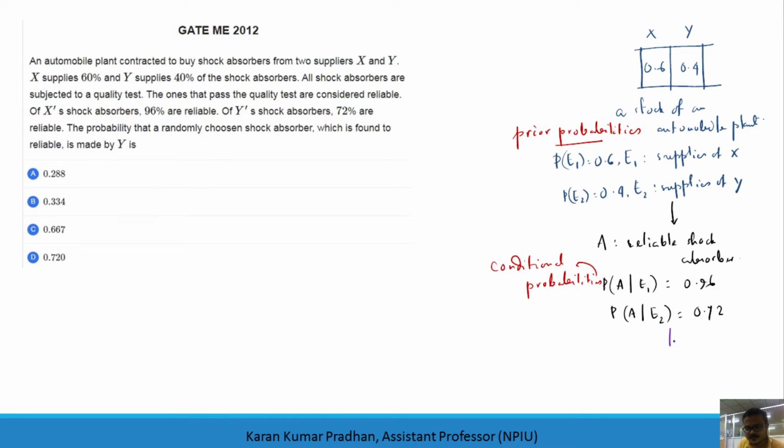The probability of A can be found as, I'll let you know later while proving this theorem, the sum of probability of A intersection Ei, with i running from 1 to 2, because you have only two prior events. So I am taking the probability of A intersection E1 plus the probability of A intersection E2. This is called the joint probability.